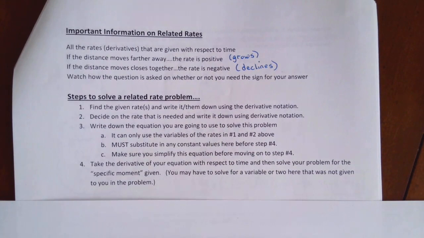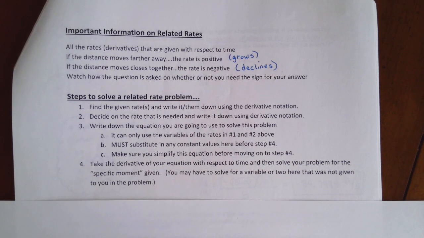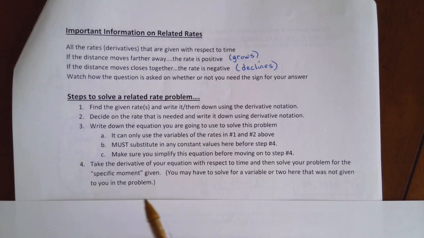All right, so before we move on to number 6, I posted on Canvas an extra notes PDF file for you guys to print, and if you didn't do that, I would stop maybe and go do that. On that document, I started with some important information on related rates and also the steps that I use. Like I said earlier, every problem that you're doing in a related rate situation is different.